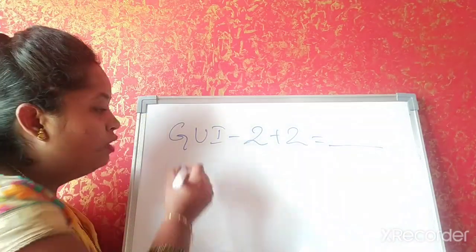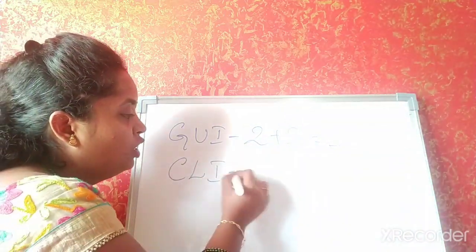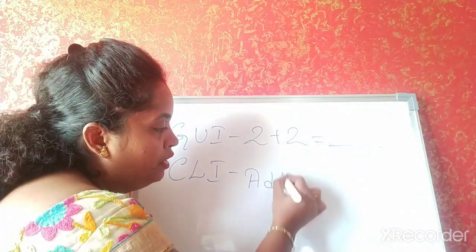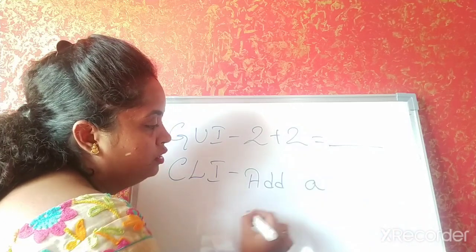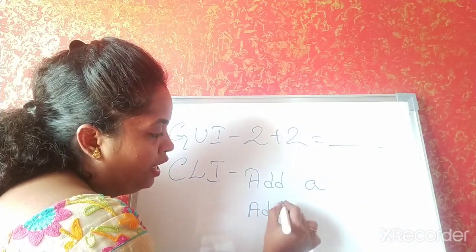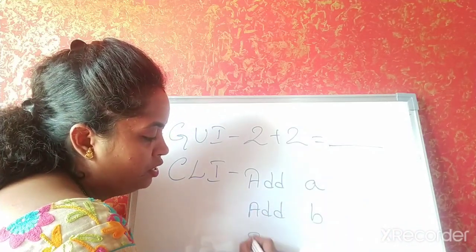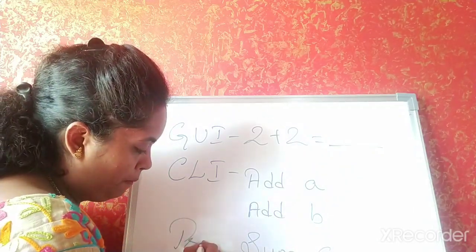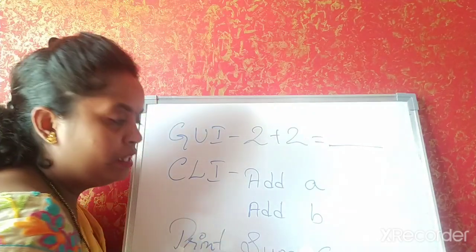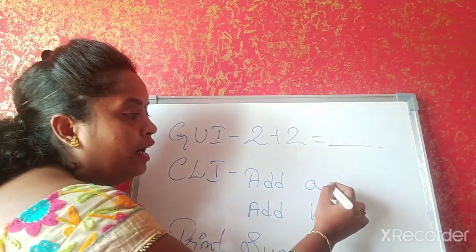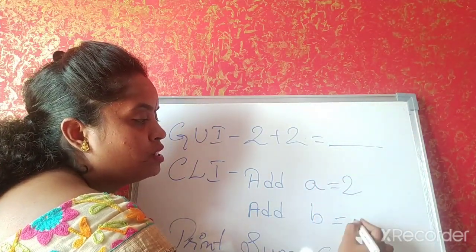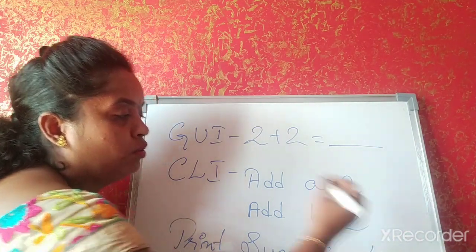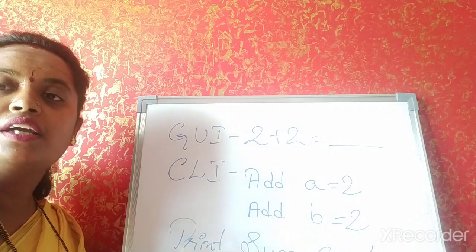Whereas in CLI, you had to give commands like: add A, add B, sum C, print sum C. A is equal to 2, B is equal to 2, sum C is equal to 4. This would be the working.